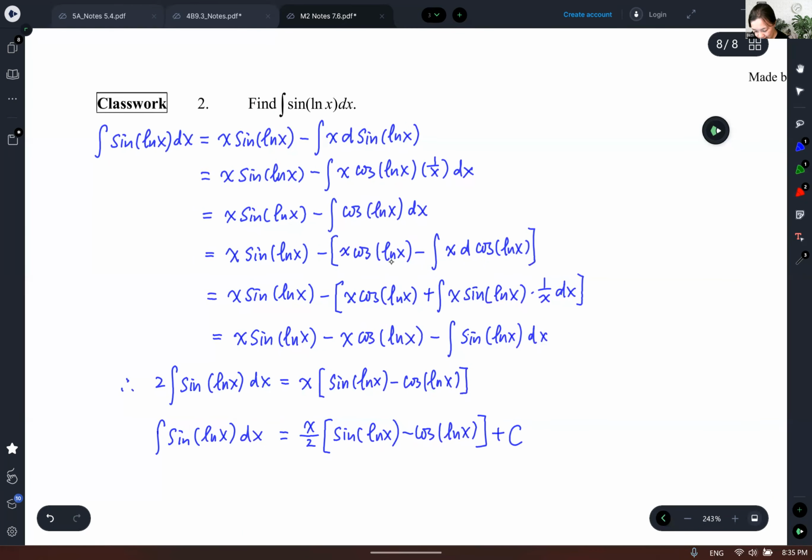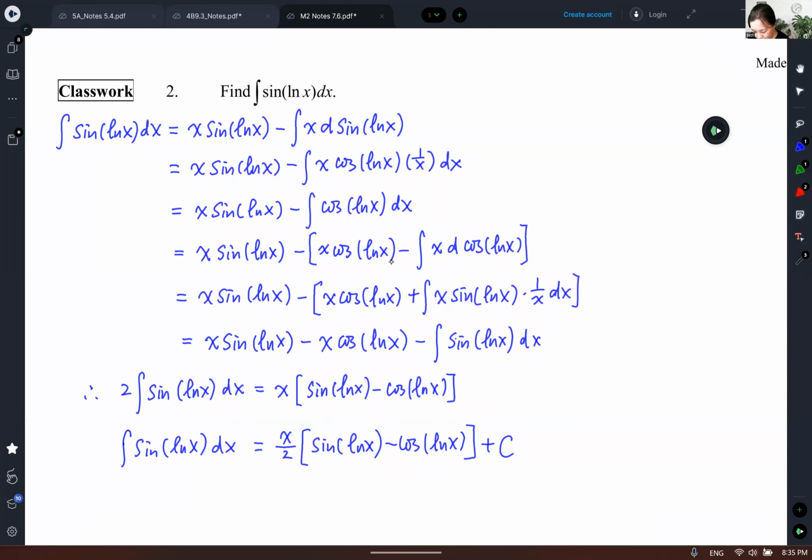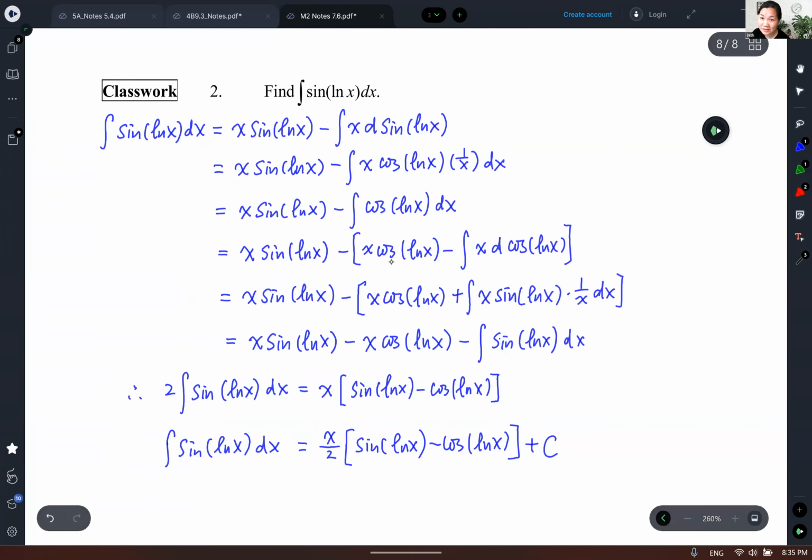The second exercise. Because I just showed you an exactly the same example, I think you should be able to solve this one. This one you would use integration by parts immediately. And then you will simplify this. That is d sine log x is cosine log x times 1 over x dx. And then after simplification, you will do it again.